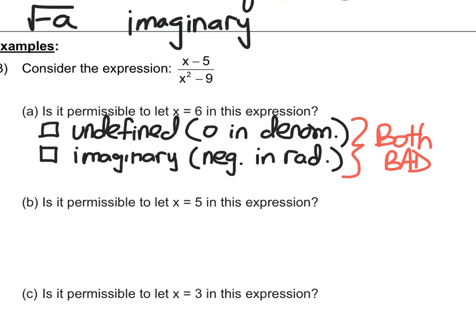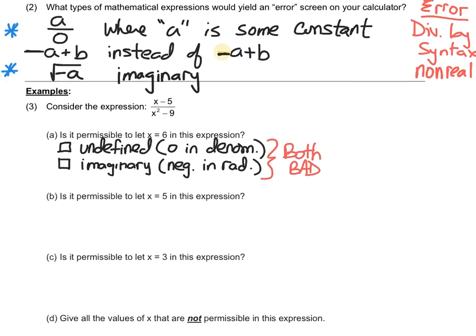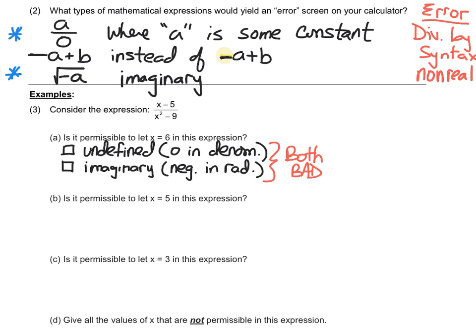I got 1 over 27. I don't have a negative under a radical. I definitely didn't have one to begin with, and the obvious reason is there wasn't a radical in the problem. So that's a big no. And it's not undefined because I just did the calculation. There's no 0 in the bottom of the fraction. It's 1 over 27, so we don't have to worry about it being undefined. Therefore, three dots in the form of a triangle is a symbol for therefore.